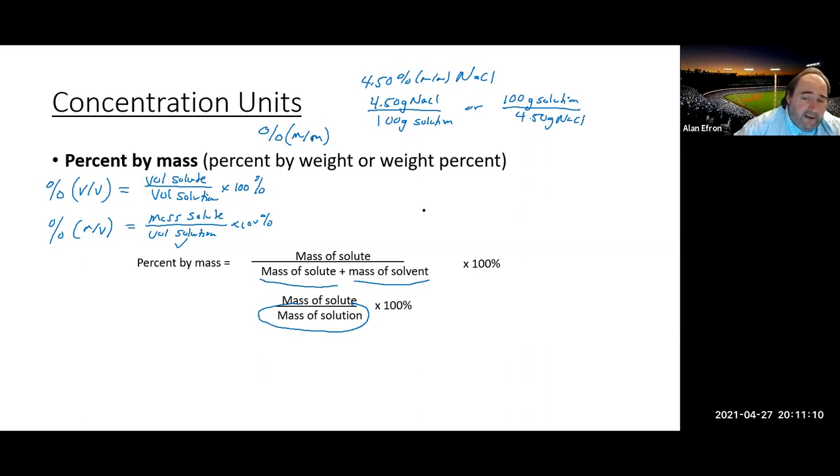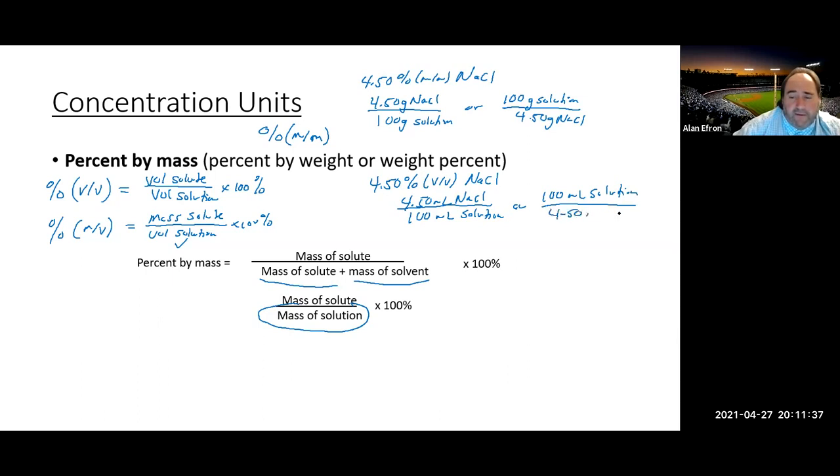And it works the same way if you had a 4.5% by volume sodium chloride solution. It would mean that you would have 4.5 milliliters of sodium chloride in 100 milliliters of solution. And same thing for this guy.